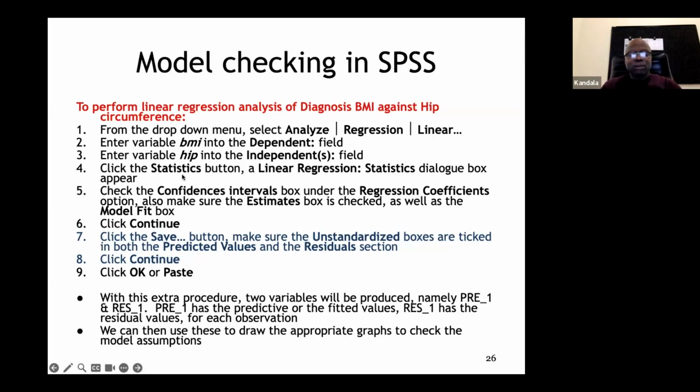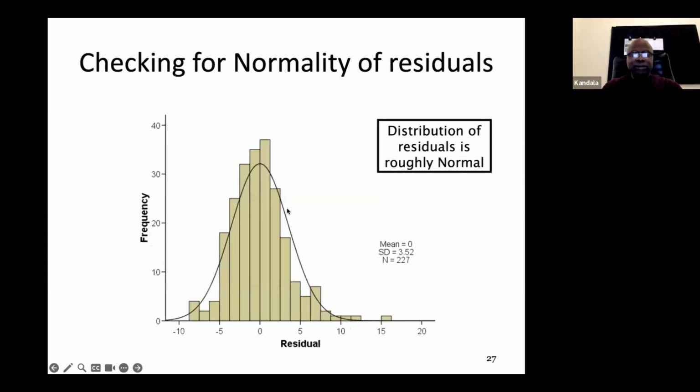Then go to the Statistics, where you will see the linear regression statistics dialog, and you follow those steps to check the assumptions. They are here, and I hope to share this with you, so those with SPSS can familiarize themselves with checking those assumptions. But if you have any question, please feel free.